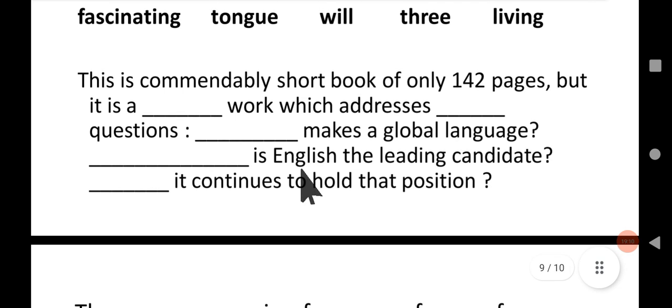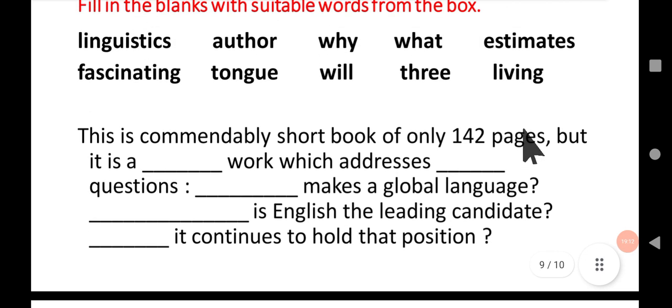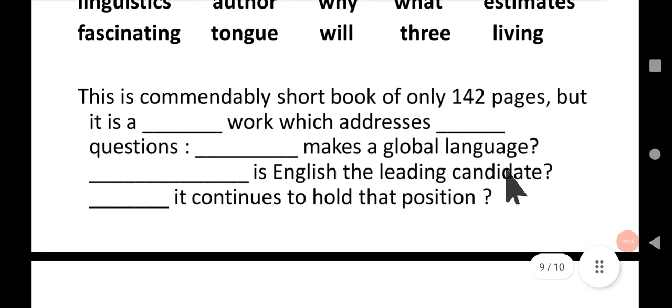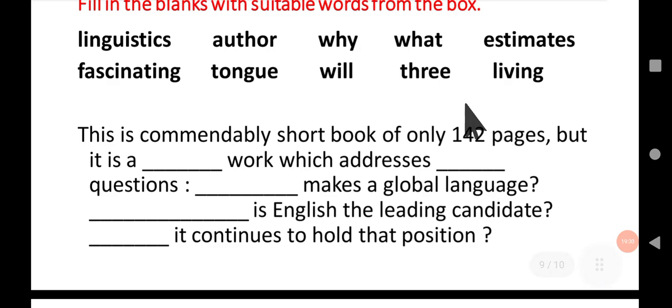One is dash makes a global language. We have 3 words here: why, what, will. So which one can we use here? Why makes, what makes, or will makes? What makes a global language? Next one, dash is English the leading candidate. Which one can we use? Why or will here? Only 2 are remaining.